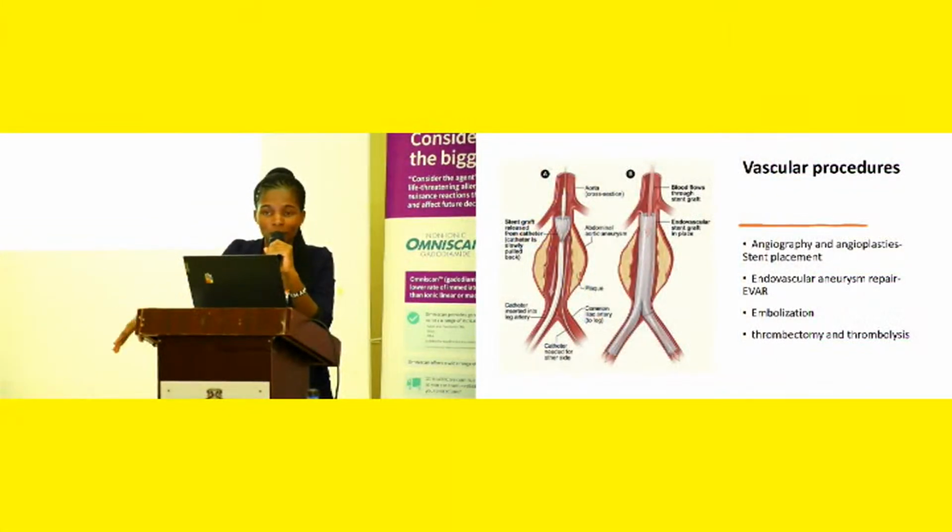So IVC filter placement. There's laser therapy, like when you want to treat varicose veins, you use laser therapy, still done by radiologists and radiographers. Then again, thrombolysis and thrombectomy is happening. You can see it everywhere. We have percutaneous nephrostomy. What's percutaneous nephrostomy? The patient is not able to pass urine from the kidney all the way down.